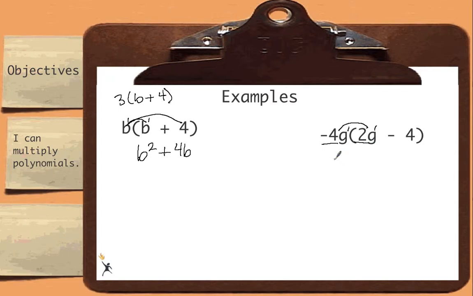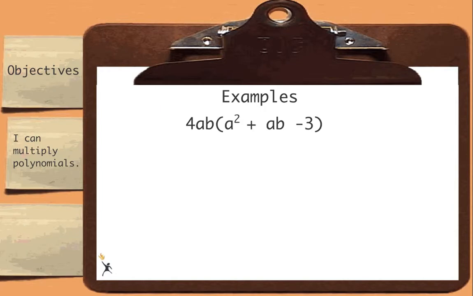So this time it's -8 g squared. And then you'll do the same thing here, where you're going to multiply the coefficient of -4 times -4 to get +16, and then g. So that's the introduction to how to do a monomial times a binomial.